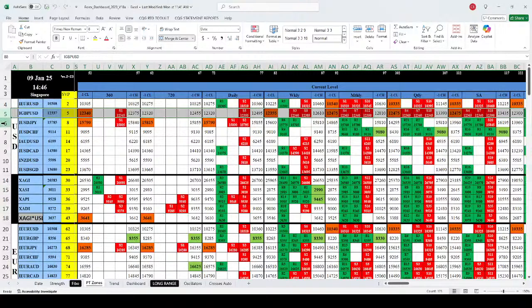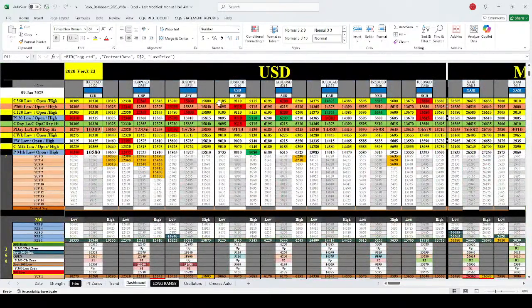Right now the market is trading at 157.85. We can see the price extending towards the daily SL2. This is the daily, and expect this weakness to go further. Now we look into the dollar yen.